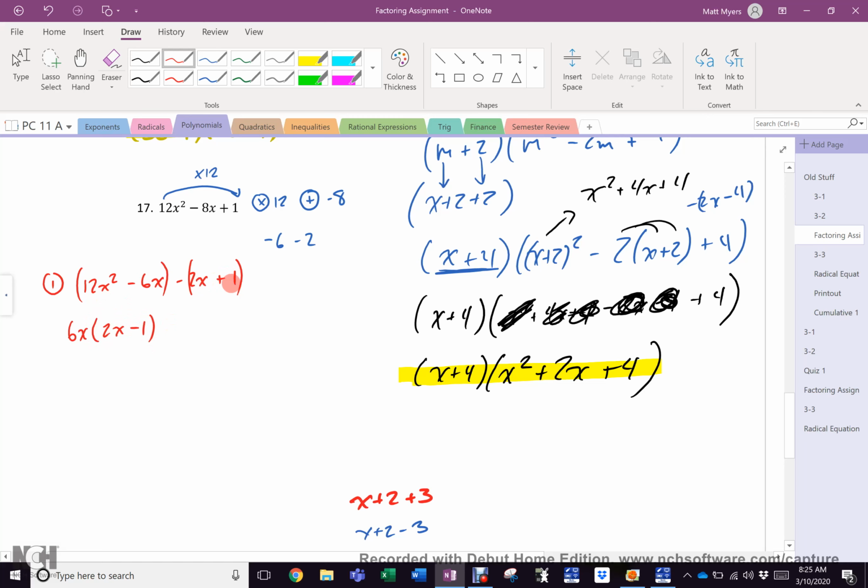Anything factor out of there? 1, right? So minus 1, 2x minus 1, right? Now, 6x minus 1, this one, and 2x minus 1, this one.